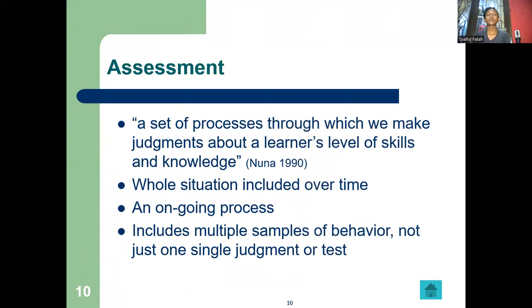A set of processes through which we make judgments about one's level of skill and knowledge. It includes situations over time, is an ongoing process, and includes multiple samples of behavior, not just one single judgment or test.